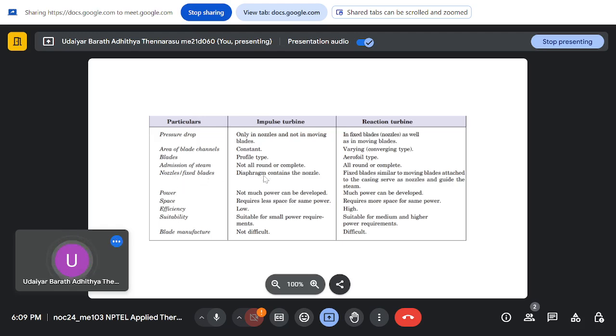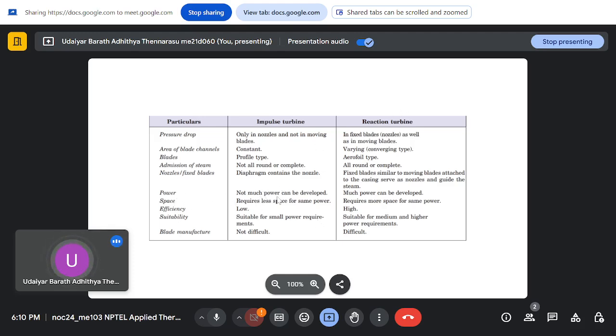Nozzle: outside you have a diaphragm which contains the nozzle, but in case of reaction turbine, fixed blades similar to moving blades attached to the casing serve as nozzle and guide to the steam. So you have both fixed and moving blades attached to the casing, which will act as a nozzle.